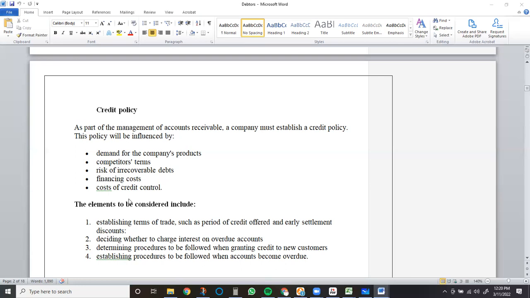The company must take into account that if it's a bit too lenient, the risk of irrecoverable debts would increase. The company also needs to consider that giving trade credit to customers means that it has to finance more receivables at any time, meaning that the company may be using its overdraft because the cash isn't coming in as quickly.